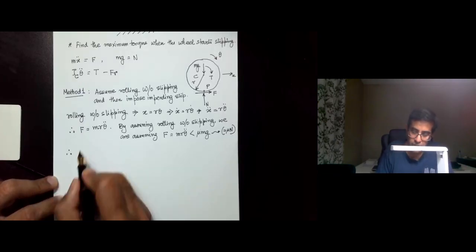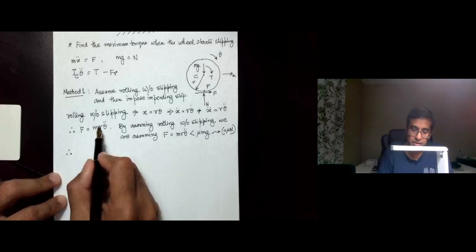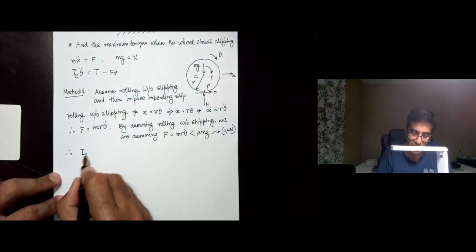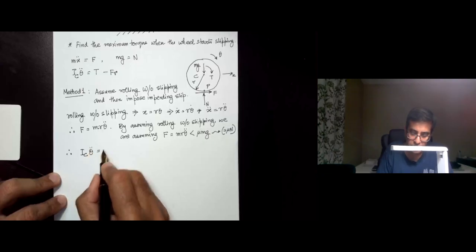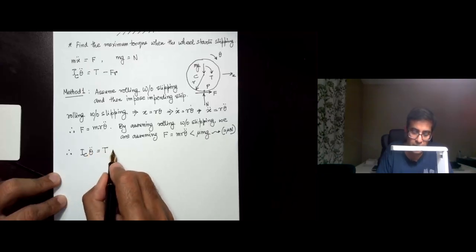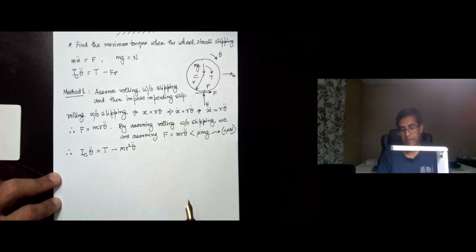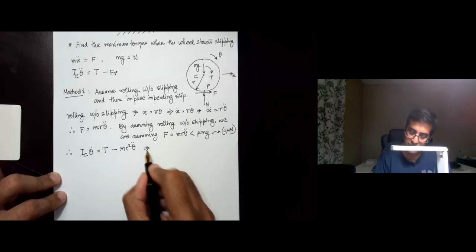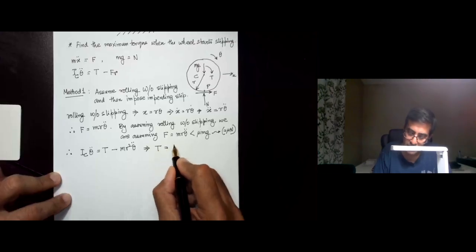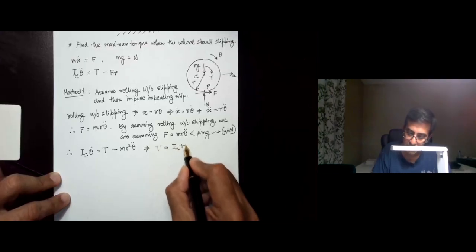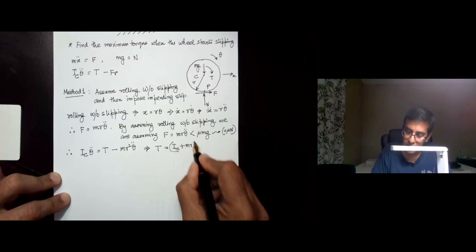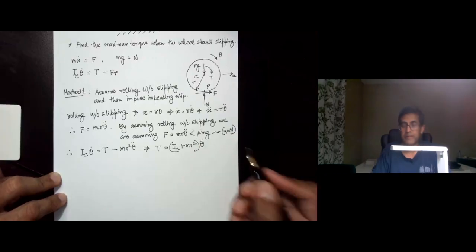So therefore, substituting this expression of F into the rotational equation, I have I_C theta double dot is equal to T minus m r squared theta double dot. Right? And so that means that the torque is equal to I_C plus m r squared, times theta double dot.